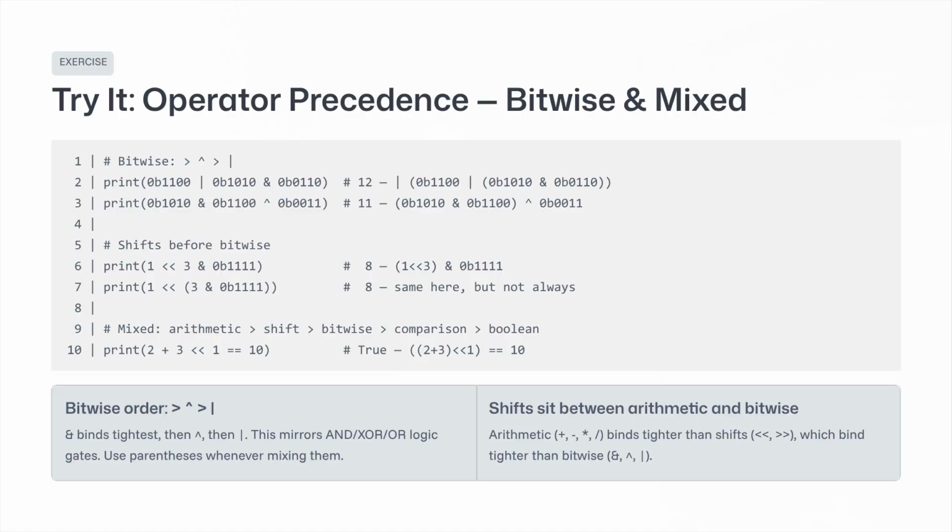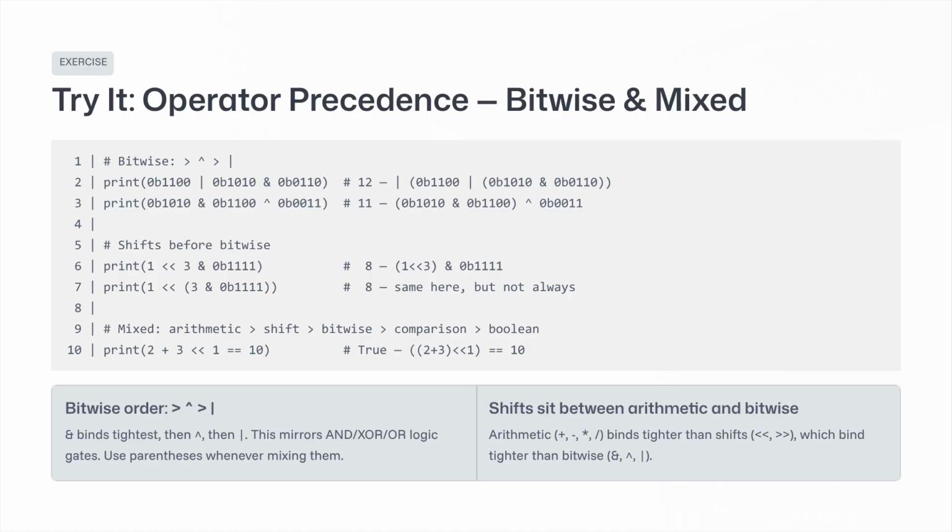Line 3, 0b010, ampersand, 0b1100, caret, 0b0011. And first, 0b010 and 0b1100 is 0b1000. Then XOR with 0b0011 gives 0b1011, which is 11.